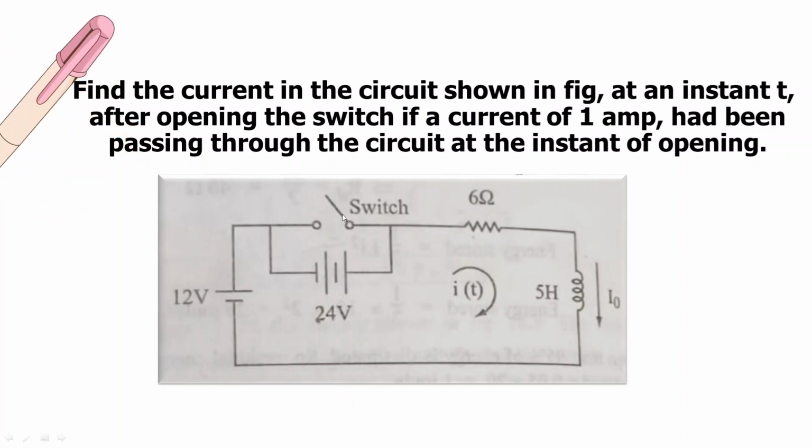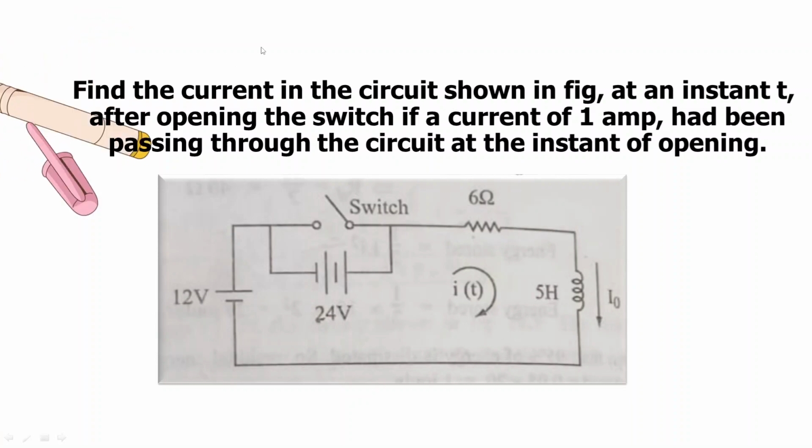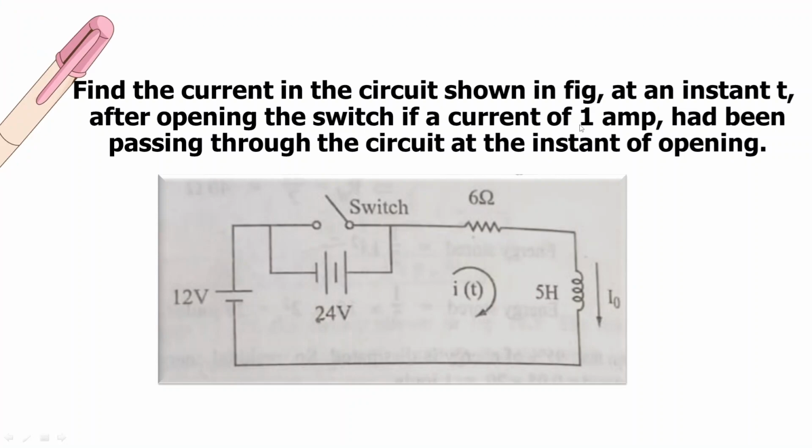If the switch is opened, the current will flow like this: through the 12 volt, 24 volt, 6 ohms and 5 Henry. So the question is to find the current in the circuit after opening the switch, if a current of 1 amp had been passing through the circuit at the instant of opening.